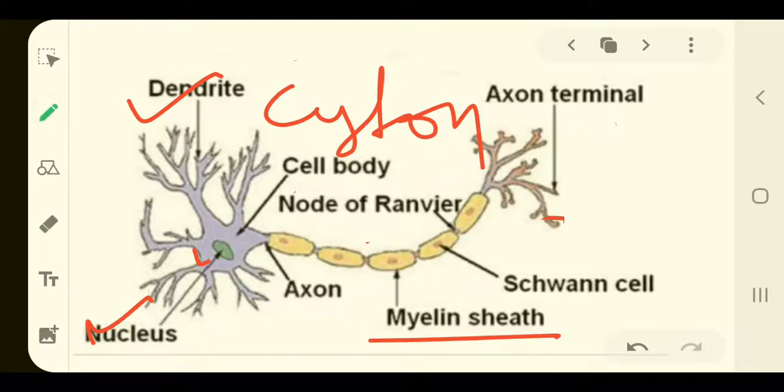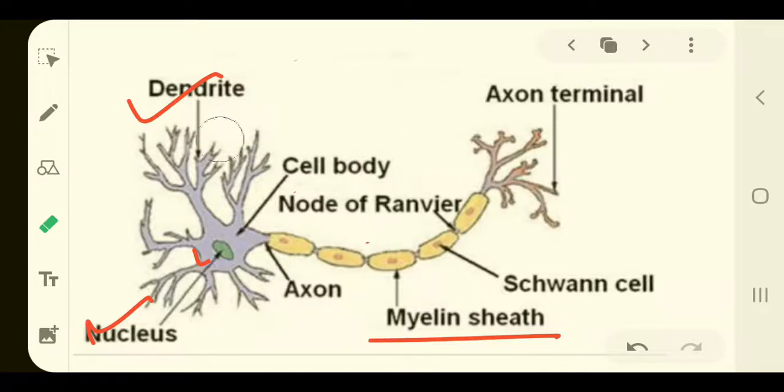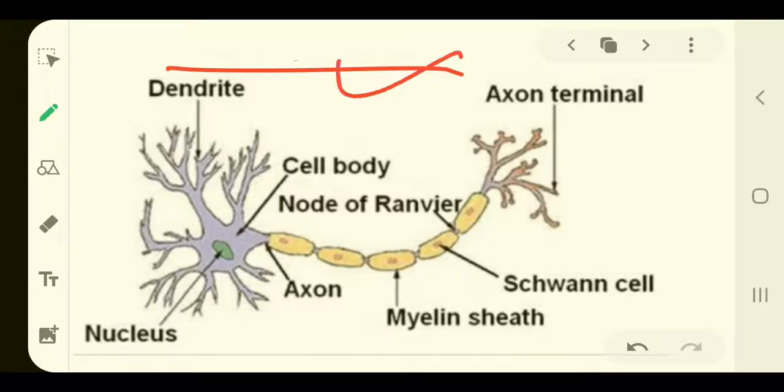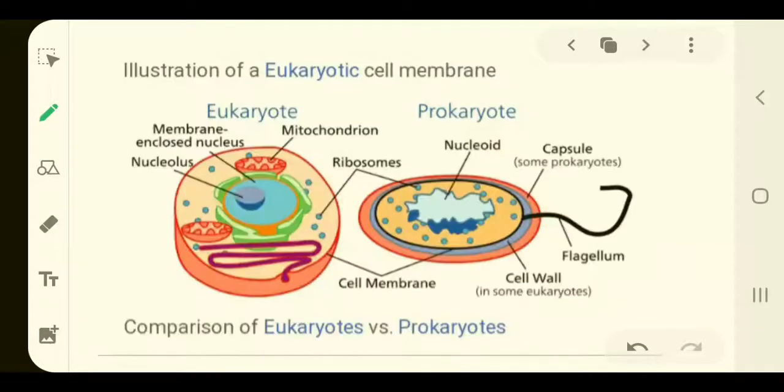And ultimately in the end they have the axon terminal. So this is the diagram of the nerve cell or neuron, very important from the examination point of view. So label it properly by pausing the video so that you understand the diagram, and then of course draw it perfectly.